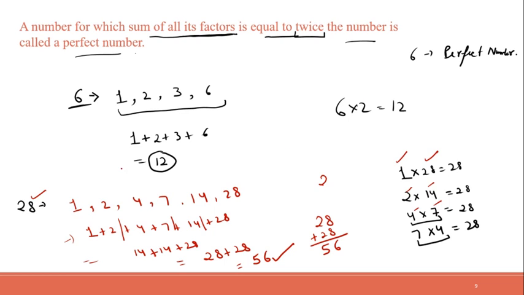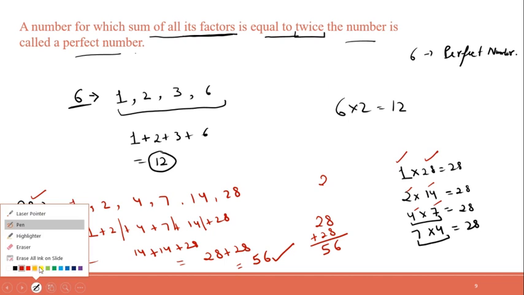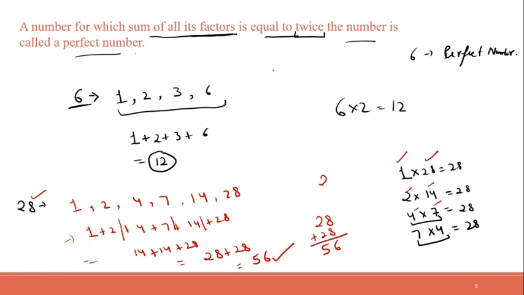So I can say that perfect numbers are the numbers the sum of the factors of which is equal to twice the number. That means perfect numbers are 6, 28. And although there are many perfect numbers, you can learn up to this 496.